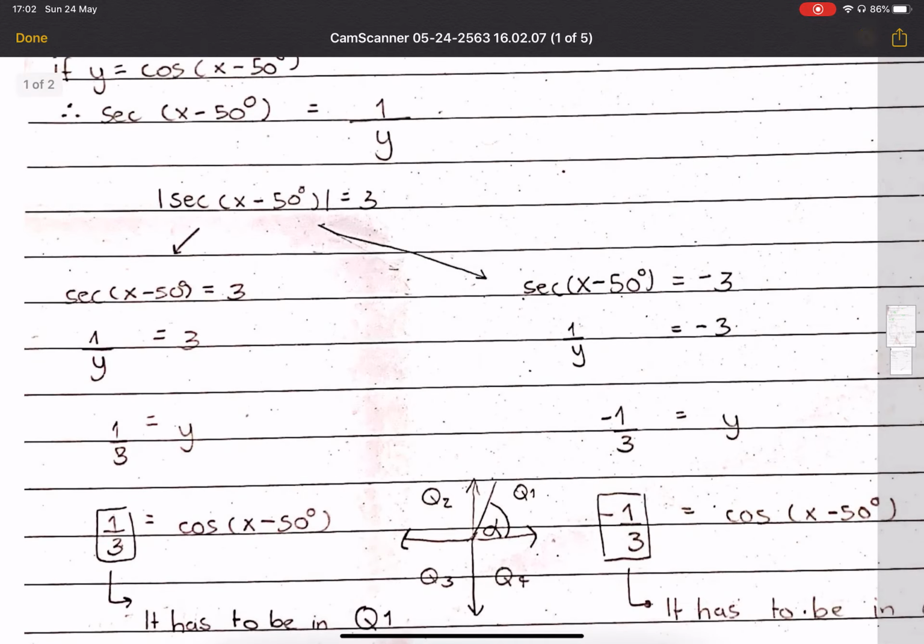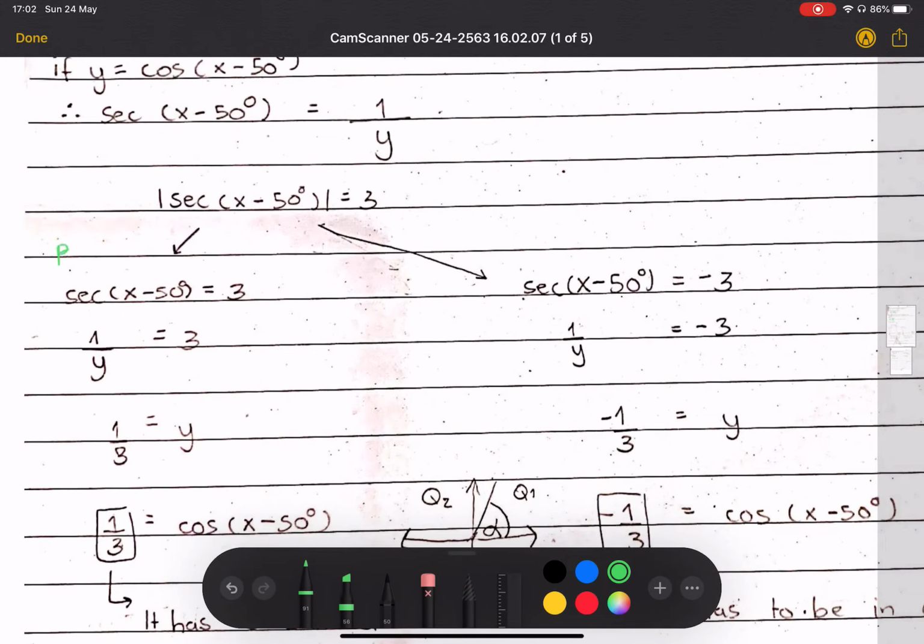So this is positive, which means 3 is the positive side and the negative side is negative 3. Then we know that 1 over y equal 3, so we multiply y by both sides, then divide 3 by both sides, and we will get y equal 1 over 3.